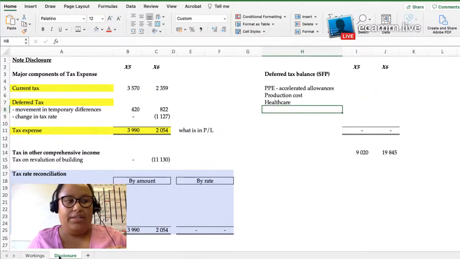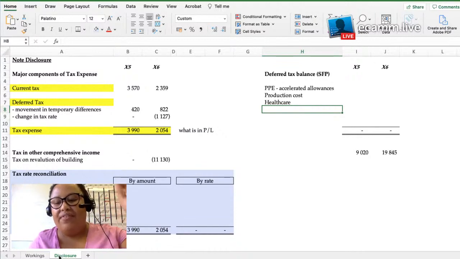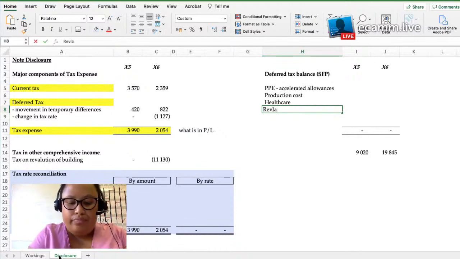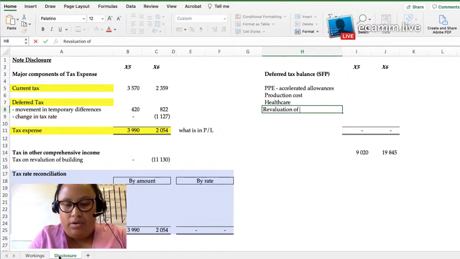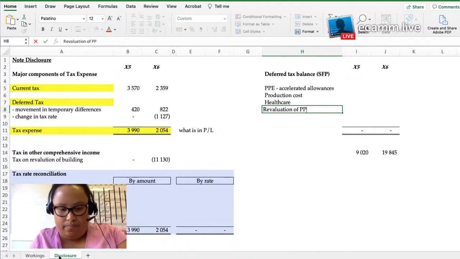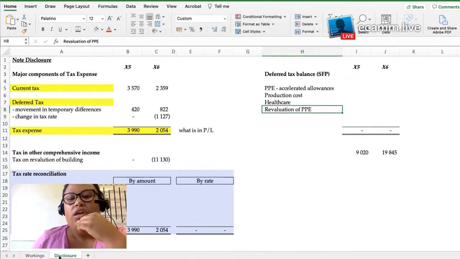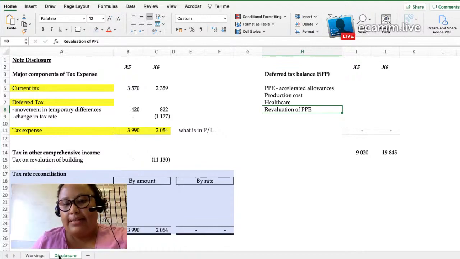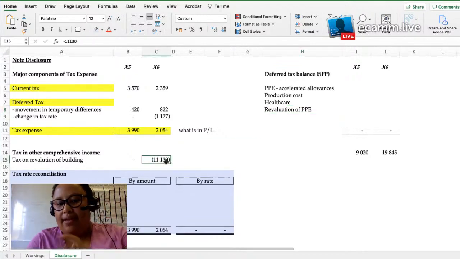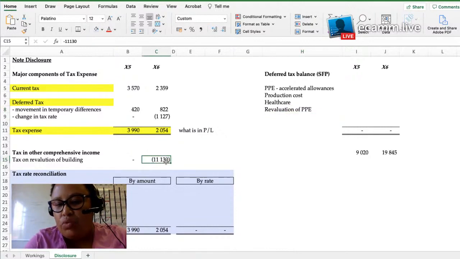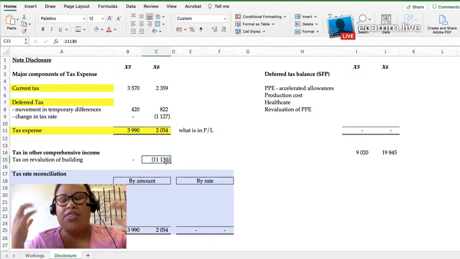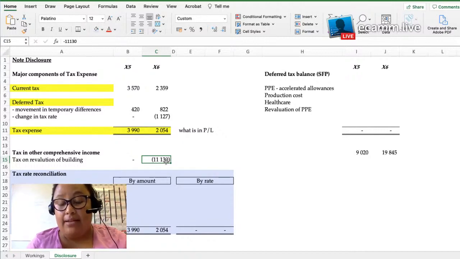There's another thing that also impacted the balance, and that is the revaluation of PPE. Okay, so the revaluation also gave rise to deferred tax that's sitting in the balance, because remember we had that revaluation over there, which is 11,130. Okay, so that deferred tax is also sitting in our balance.